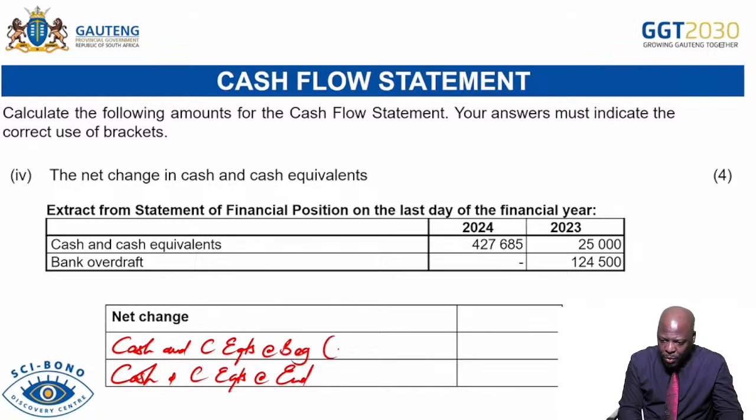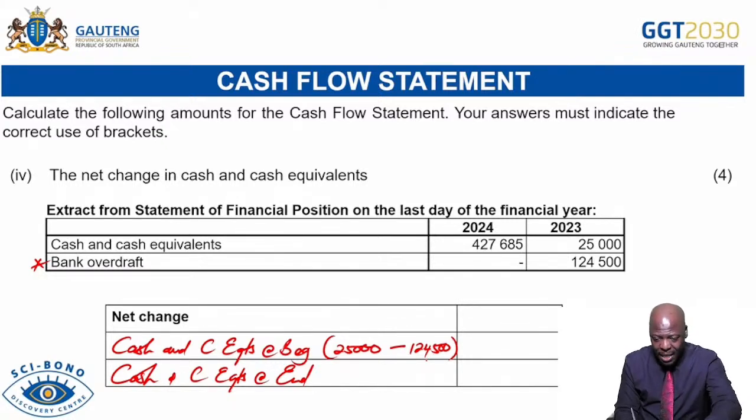So it's going to be your 2023 amount, where you have 25,000 here, and then you have a negative outflow of 124.5. That is a bank overdraft rather. Once you have a bank overdraft, you must always put it as a minus. Bank overdraft must always be a minus, so definitely going to get a negative there.